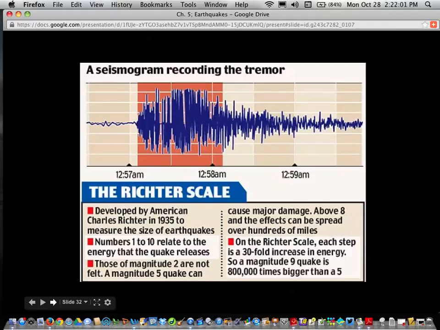So a magnitude 9 quake is 800 times bigger than a magnitude 5. Pretty significant. Pretty intense. So it's actually called a logarithmic scale, where instead of going up in a straight line, it's a curved line of increase, where each time you increase it a little bit more and a little bit more.